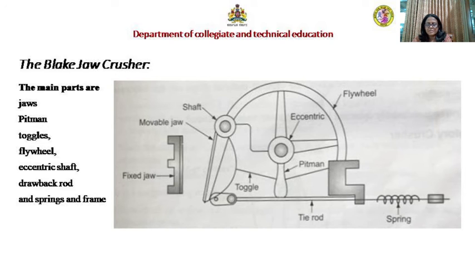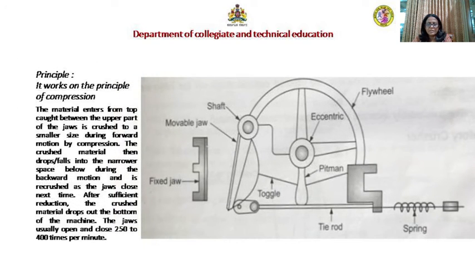Okay, now let us understand its working principle. The principle of working is compression. I already told you this. That is, compression is the mechanism of size reduction in a jaw crusher. The opening for feed is at the top of the two jaws, that is, material is directly fed between the two jaws from the top.